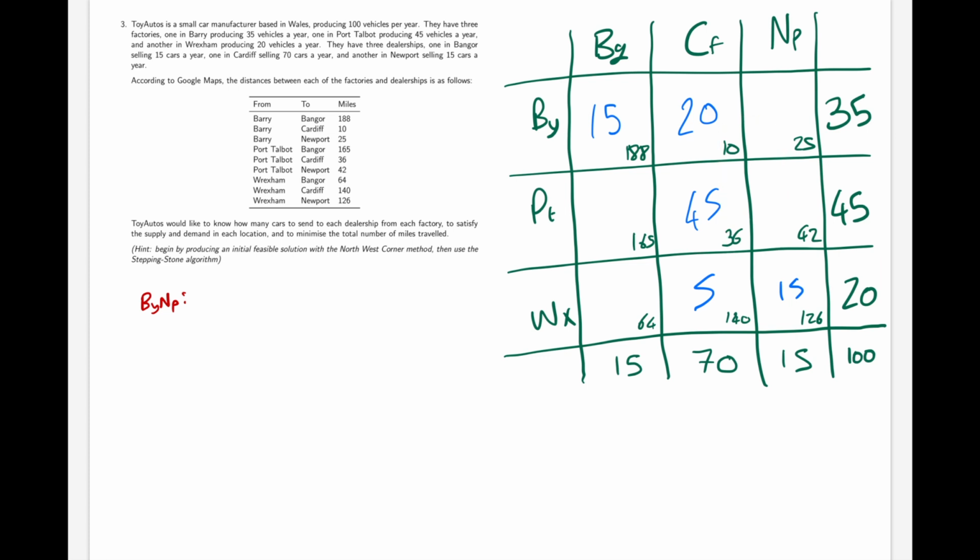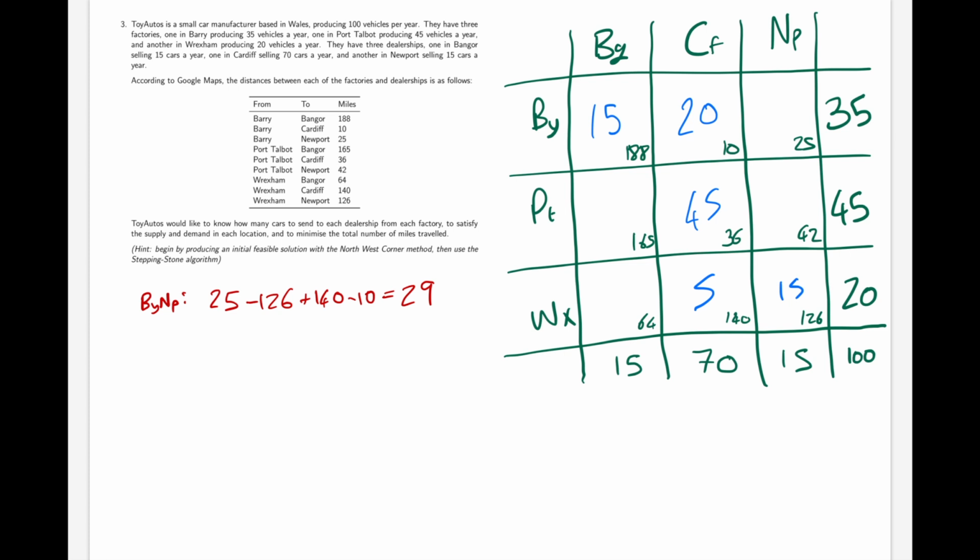That would involve increasing the Barry-Newport route at a cost of 25 per unit of goods, decreasing the Wrexham-Newport at a cost of 126 per unit, increasing the Wrexham-Cardiff at a cost of 140 per unit, and decreasing the Cardiff-Barry route at a cost of 10 per unit, which gives us a net change of 29. If we increased the flow in the Barry-Newport route, we would be worse off by 29 per unit.